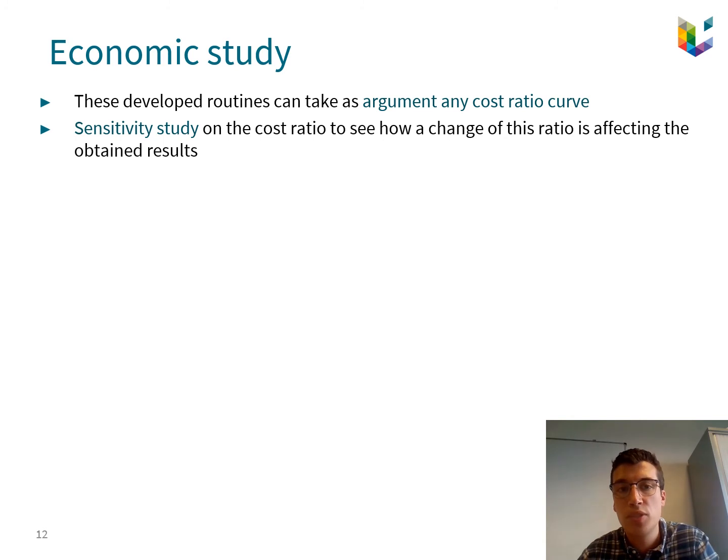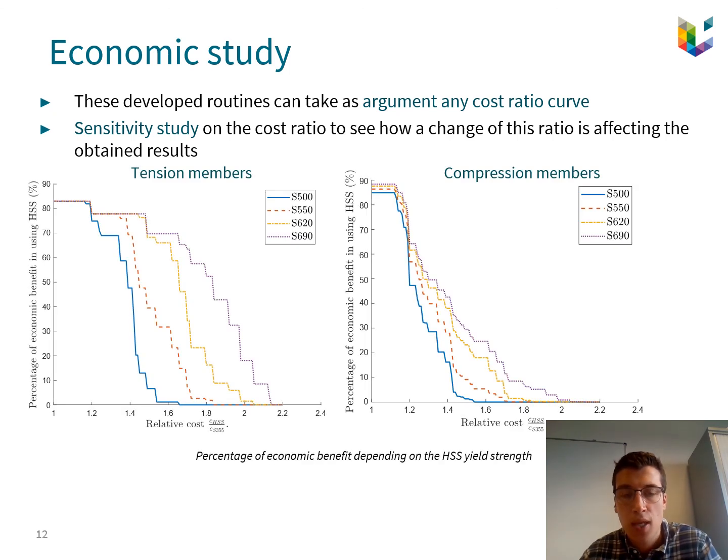Now let's finish the presentation with the results of the economic study. All the developed routines can take as argument any cost ratio curve. So we perform some sensitivity studies to see how a change of the cost ratio is affecting the obtained results. And the results are reported for tension members and compression members on this slide.